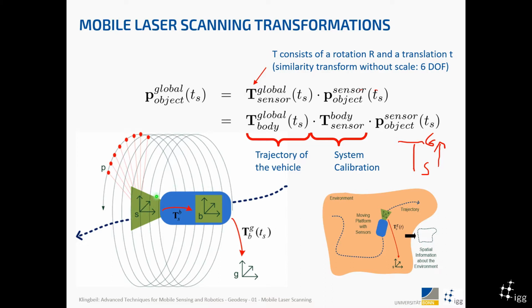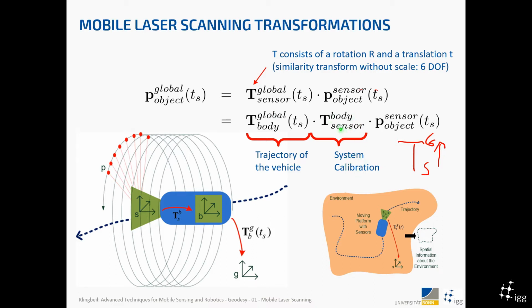One is from the sensor to the body system. So that means where at the car the sensor is actually attached to, right? This is one transformation, and then the rest is the transformation from the body system to the global system. So this you will see later how this is calculated and what this means, right? So where is the sensor in the vehicle is the so-called system calibration, right?